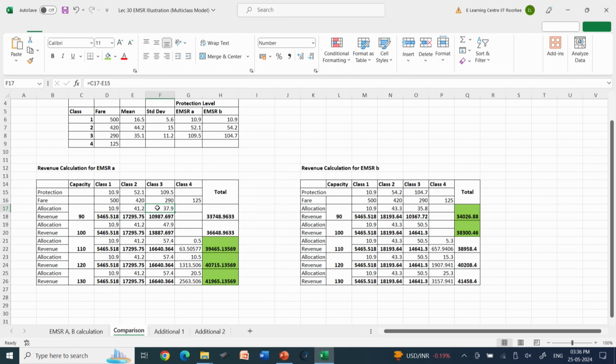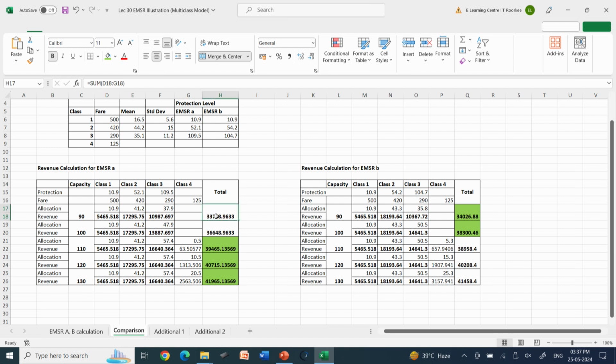And we know the pricing of 500, 420, 290 and 125. So, we will do the product of fare and allocations, that is D16 will be multiplied by D17, similarly E16 will be multiplied by E17 and F16 will be multiplied by F17, and their results are in row number 18, which is there in front of you.